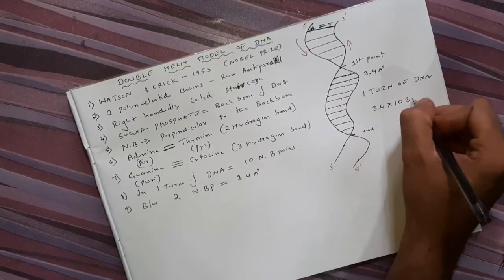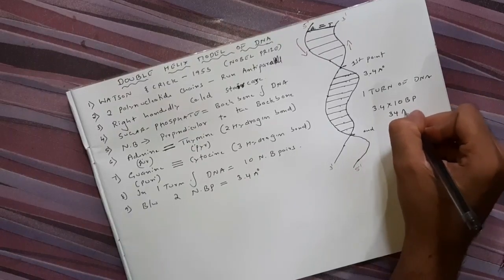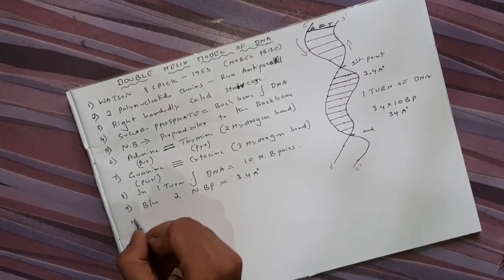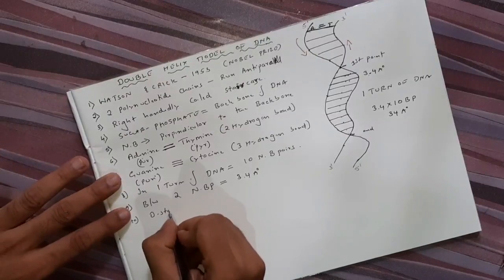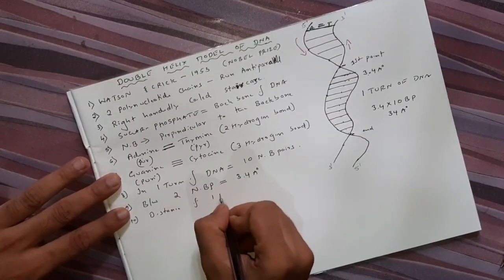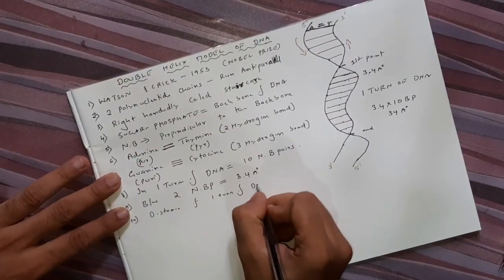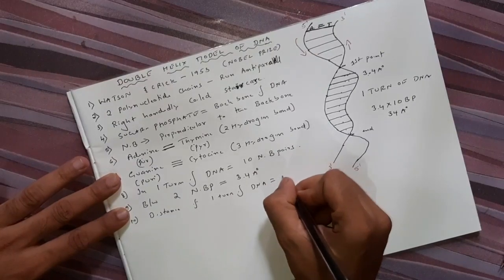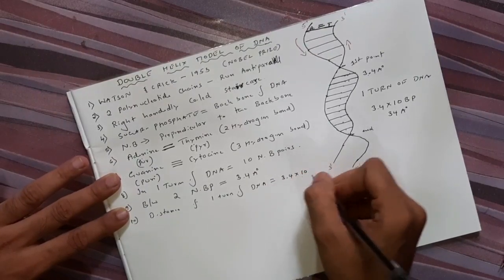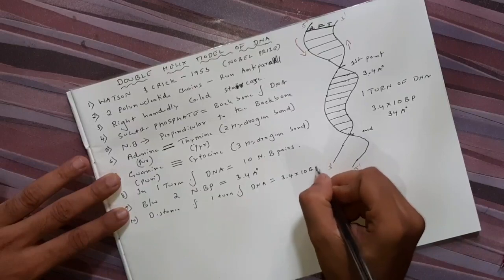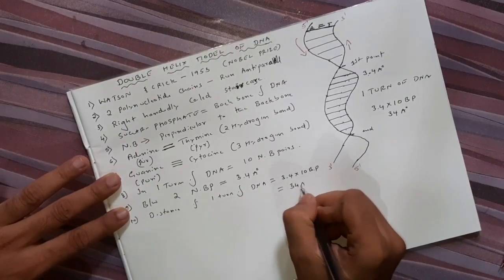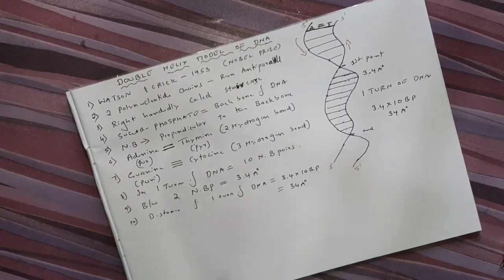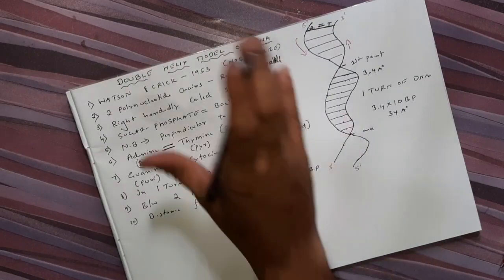We have 10 base pairs. So the distance of one turn of DNA is 3.4 into 10 base pairs, that is equal to 34 Angstrom units. Simple. Done. Hope you got this point.